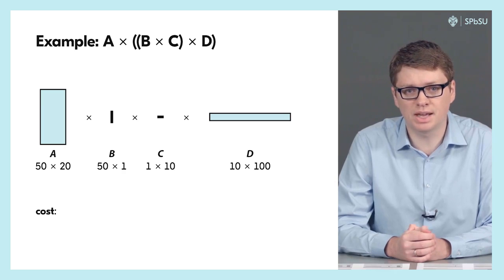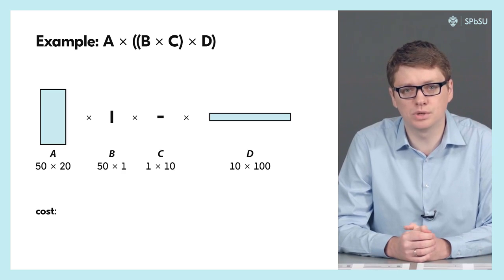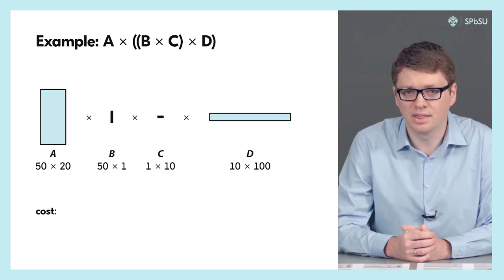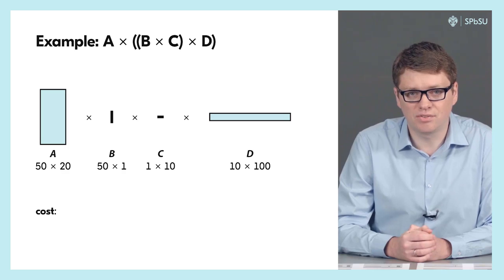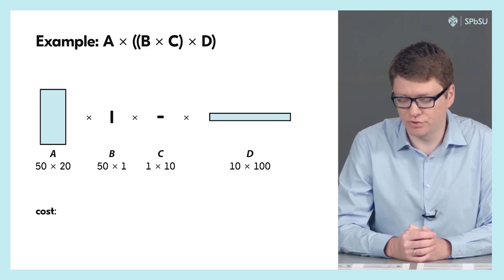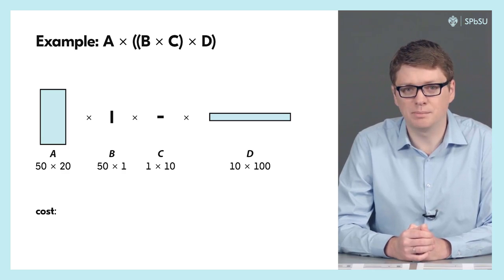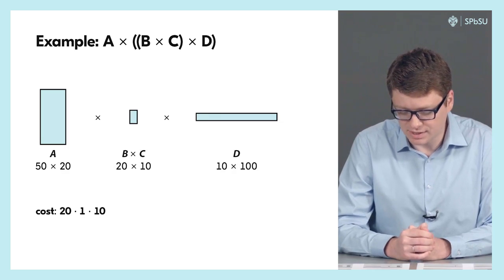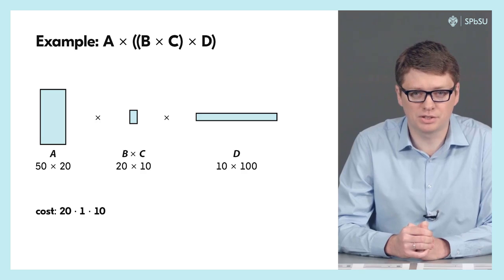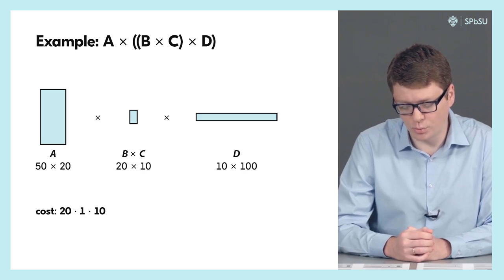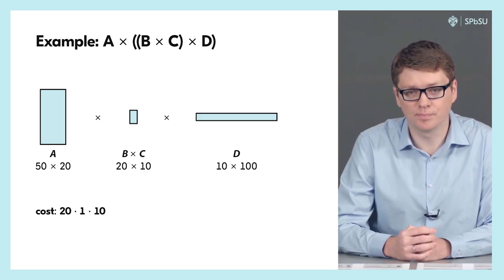In the first case, I assume that we are going to compute their product as follows. We first multiply B by C, then multiply the result by D, and finally we multiply A by the result. After the first multiplication, namely B by C, we get a matrix of dimensions 20 by 10, and we pay for it 20 times 1 times 10.